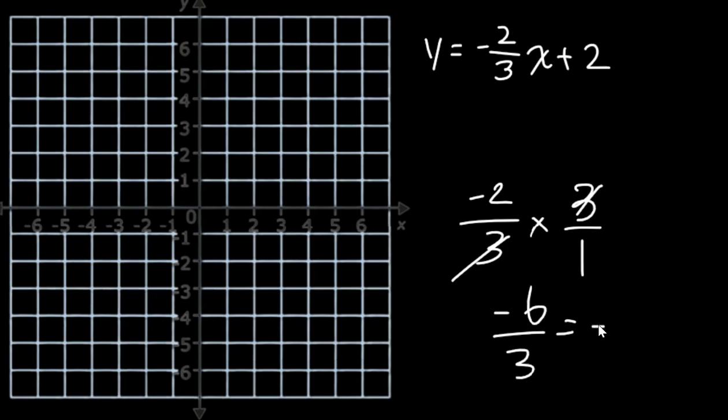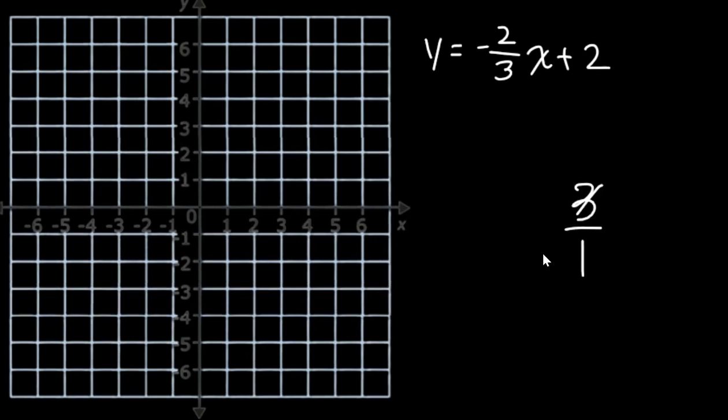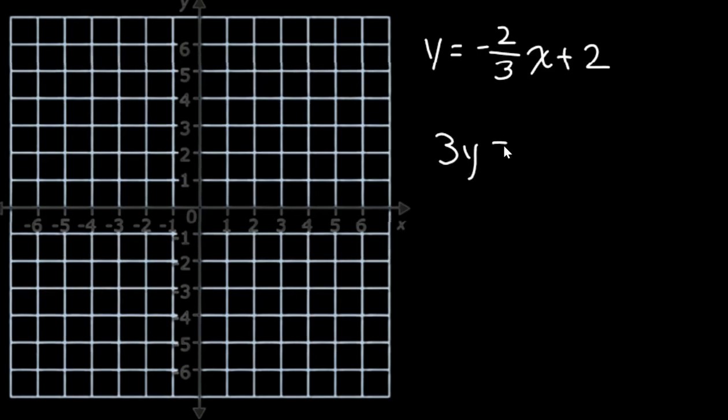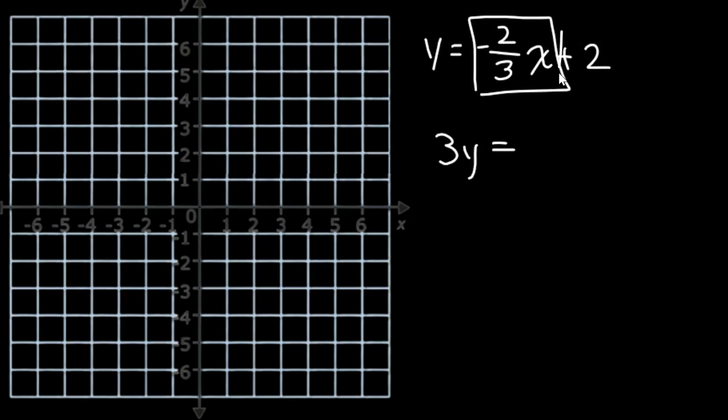So now that we know what we're doing, let's do it. Multiply both sides by positive 3. Y times 3 is 3y. This is one term, and this is one term, so you multiply all the terms by 3.